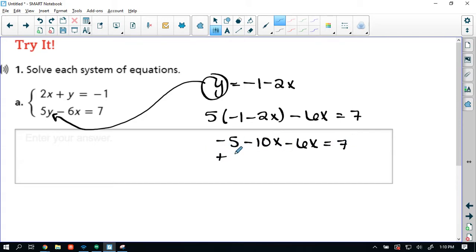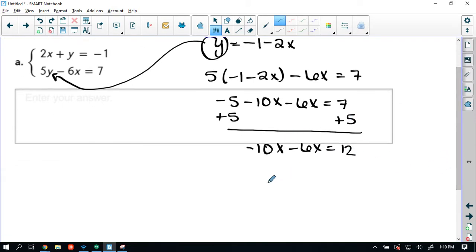Now I'm just going to solve for x by moving my constants over to the other side of the equal sign. So that's going to be negative 10x minus 6x equals 12. Then I get negative 16x equals 12.